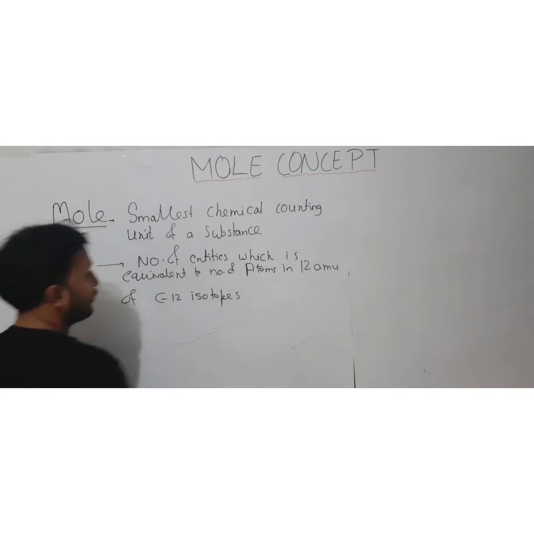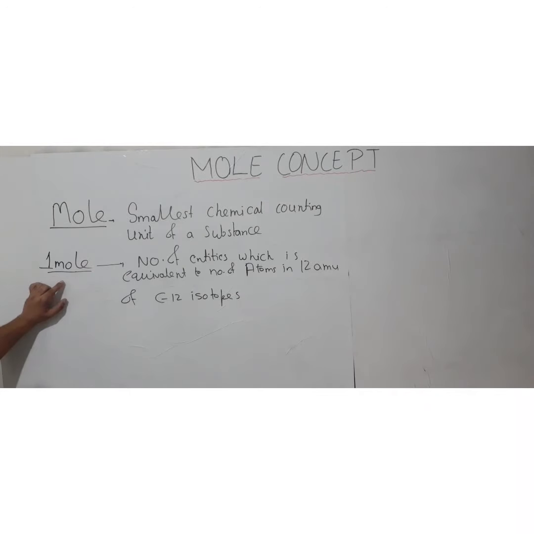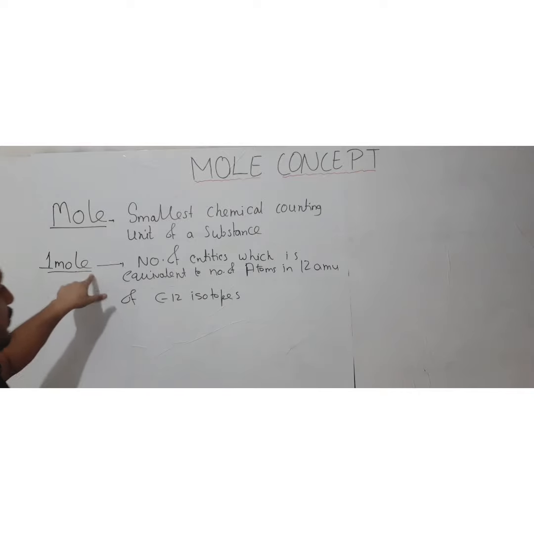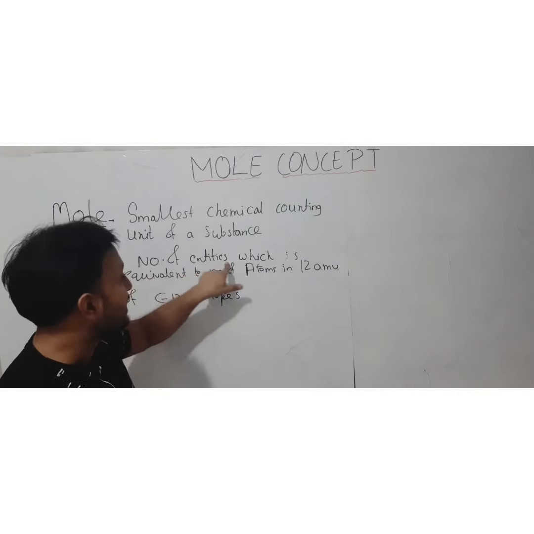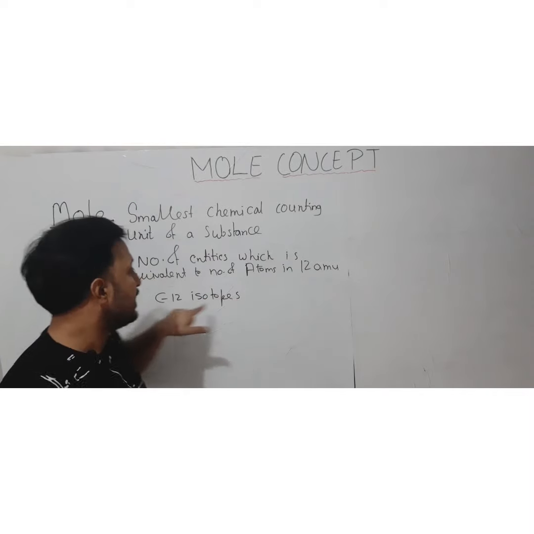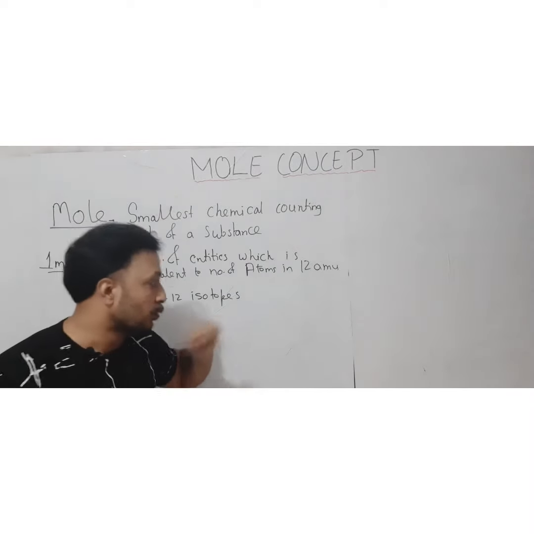Now what is the meaning of this? 1 mole of any substance will be equivalent to the number of entities, which is equivalent to the number of atoms in 12 AMU of carbon 12 isotope.